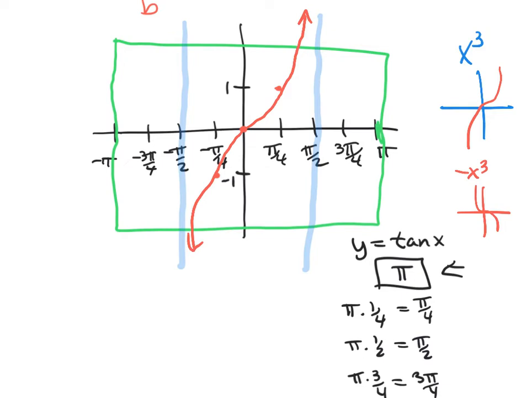Then the points on the edge of my window, it's going to imitate the graph that's in the middle. So over here at the pi, this one's going to come down. Notice this side is out of my graph, so I don't need to show it.